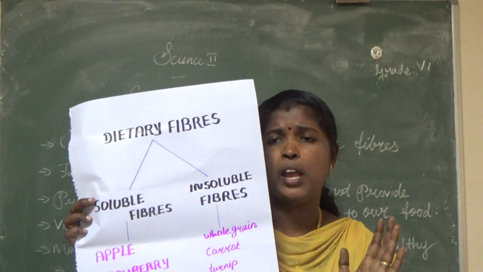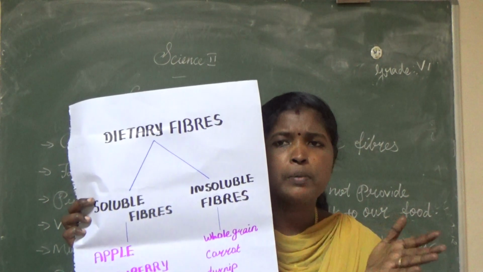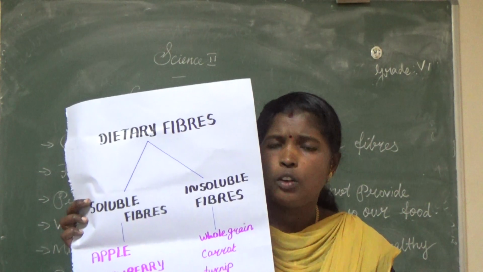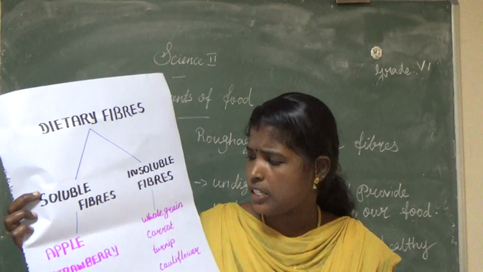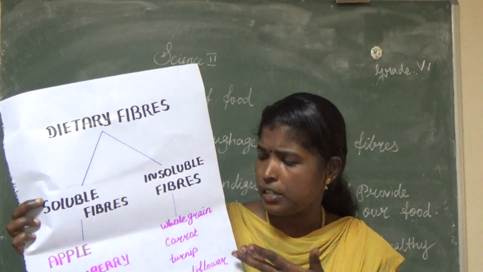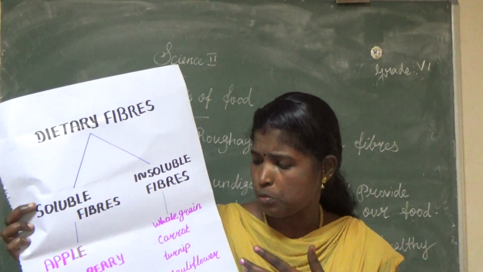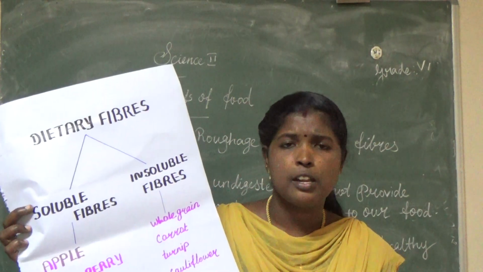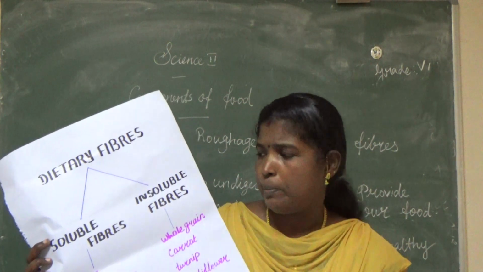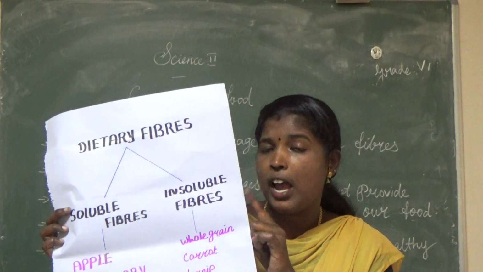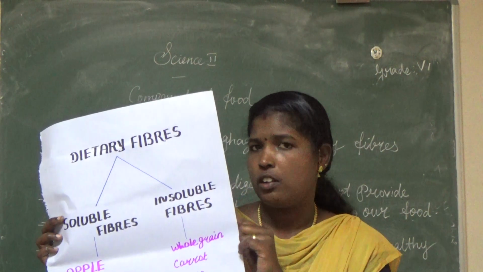Insoluble fibers are not soluble in water. The food sources containing insoluble fibers are whole grains like wheat, then carrot, turnip and cauliflower. Lack of insoluble fibers in the food leads to constipation.